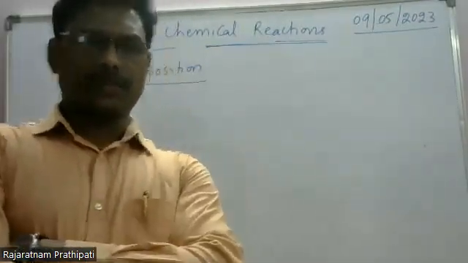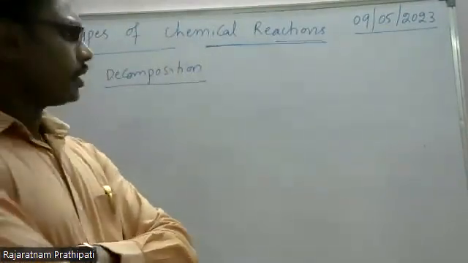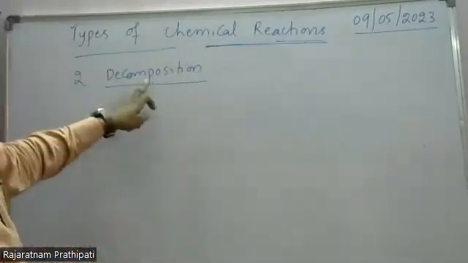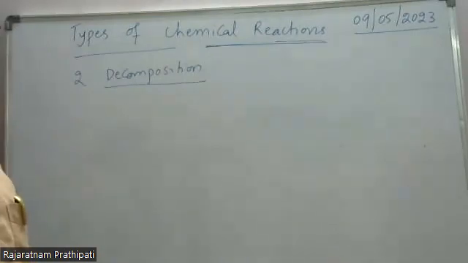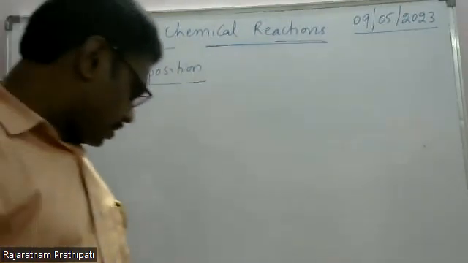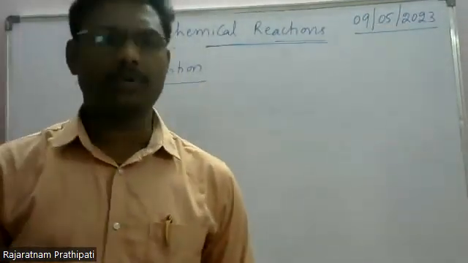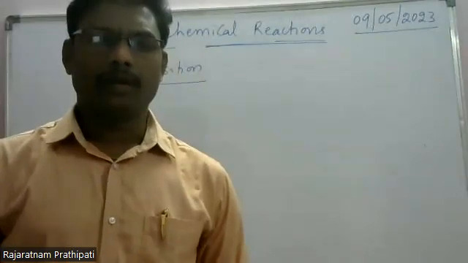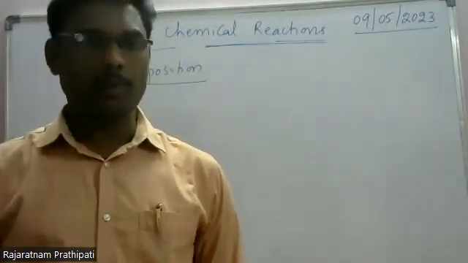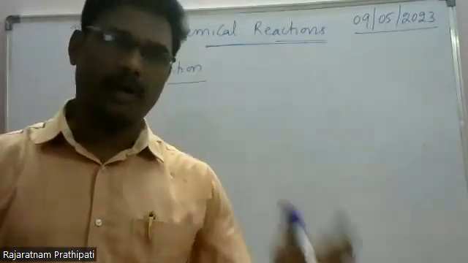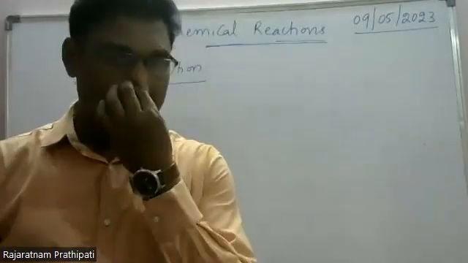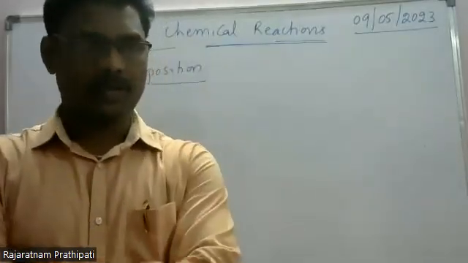In the previous class, we discussed chemical combination and decomposition reactions. Chemical combination reactions include element plus element, compound plus compound, and element plus compound combinations. Element plus element combination reactions are called synthesis reactions.